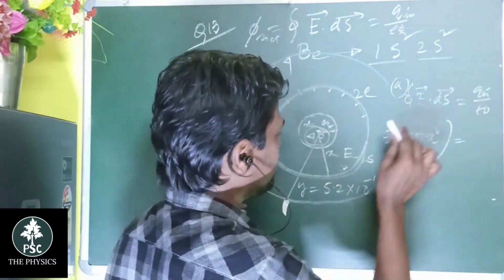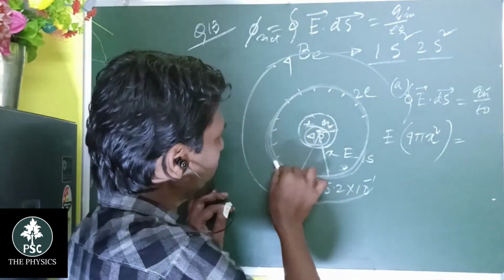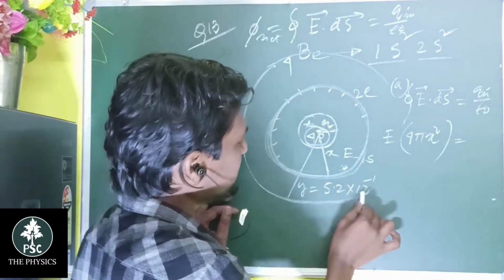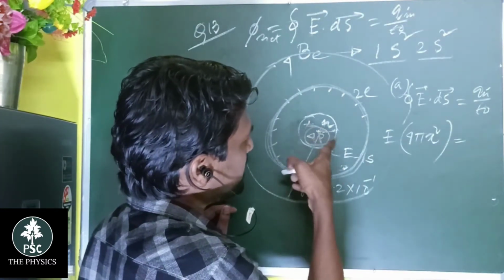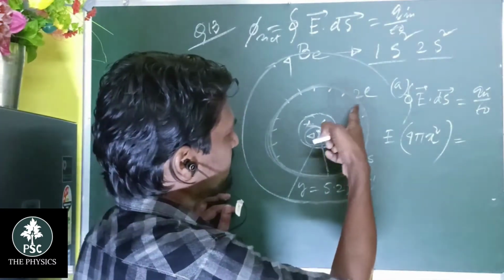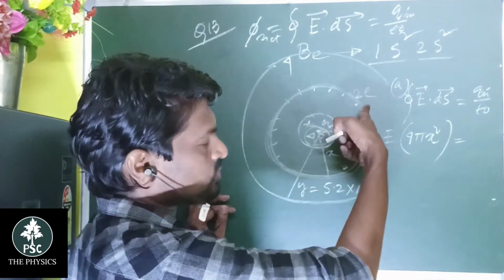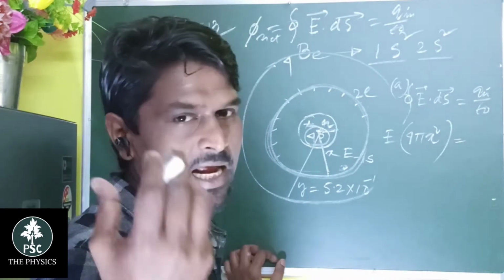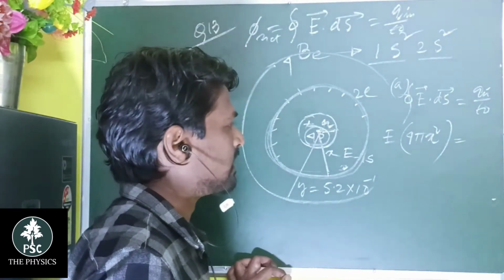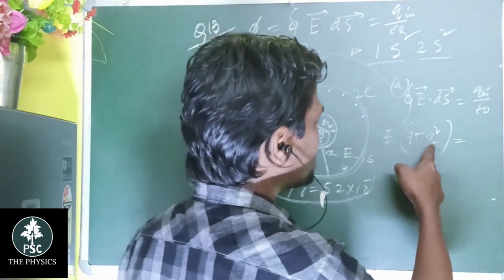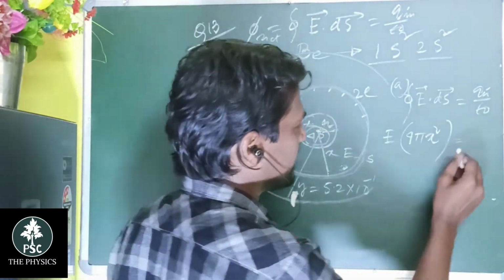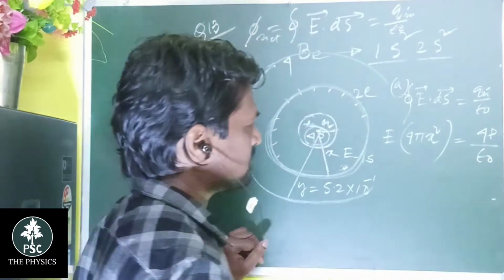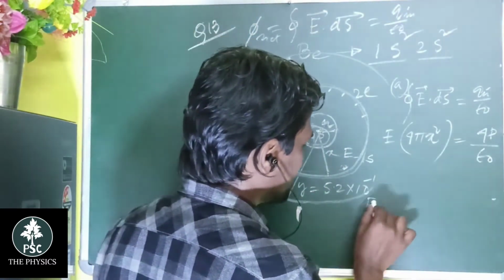This equals Q inside. So what is the charge content within this sphere? There is 4p. The charge content within this is 4p minus 2e, because this is proton and this is electron, so the charge of 2 protons is extra, because the electronic charge and the charge of the proton are equal. Okay, so E equal to Q inside by 4 pi x square, Q inside means 4p, so 4p by epsilon naught, and you can easily calculate the electric field.